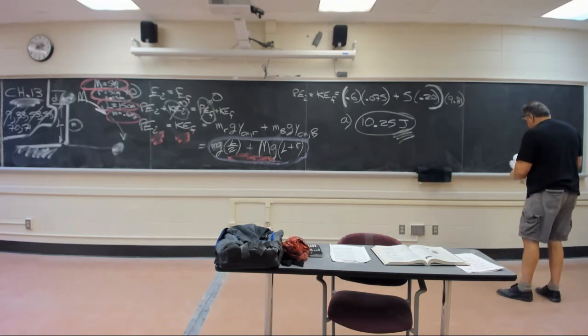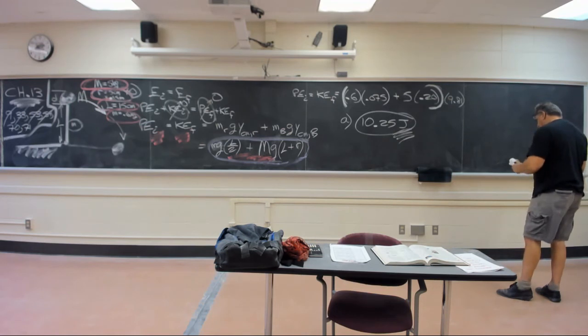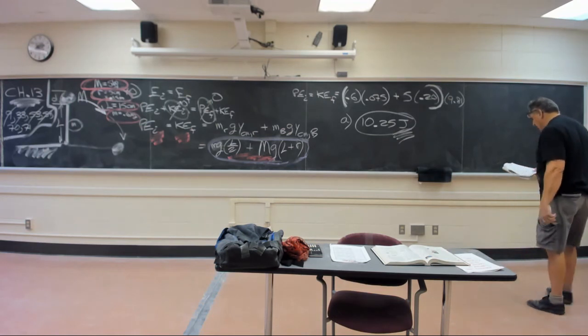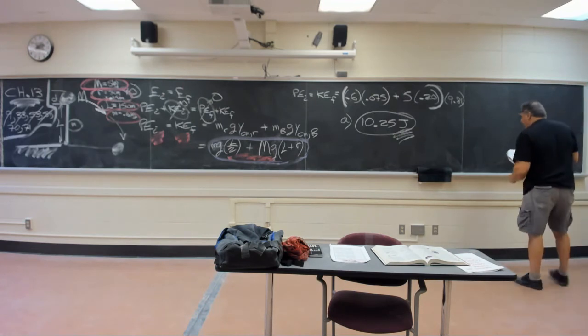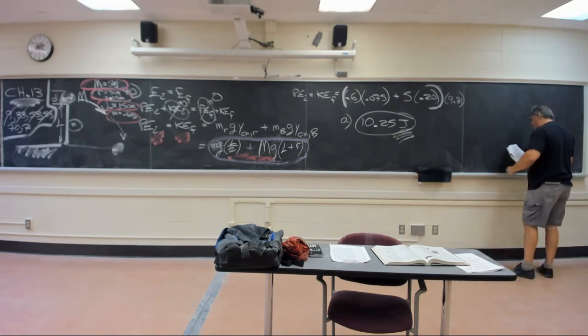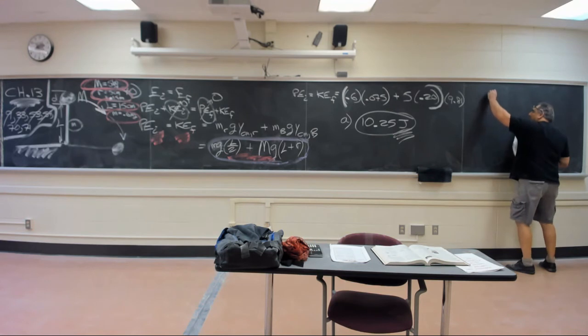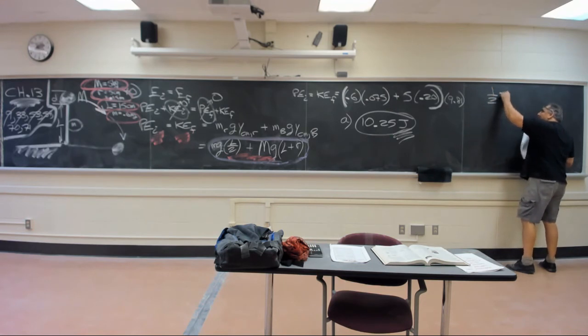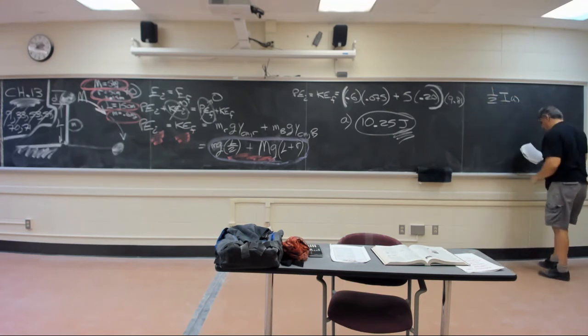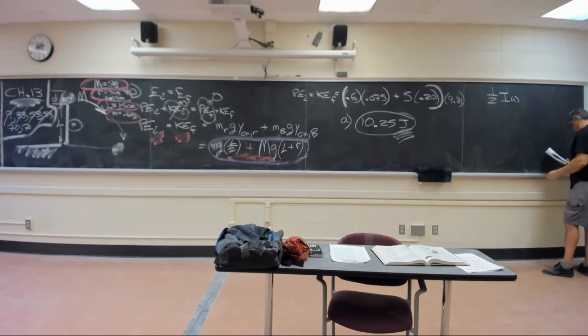That's that. The answer key for Dr. Katz's book treats the ball as a point mass. So if you're going to treat it as a point mass, you can find what the omega is going to be at the end. You could say, okay, 1/2 I omega squared at the end of that whole thing.